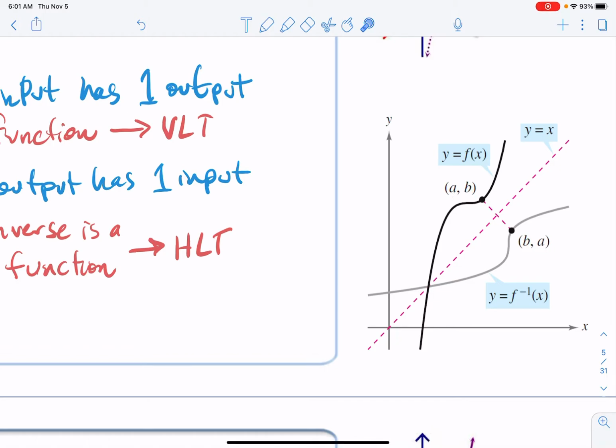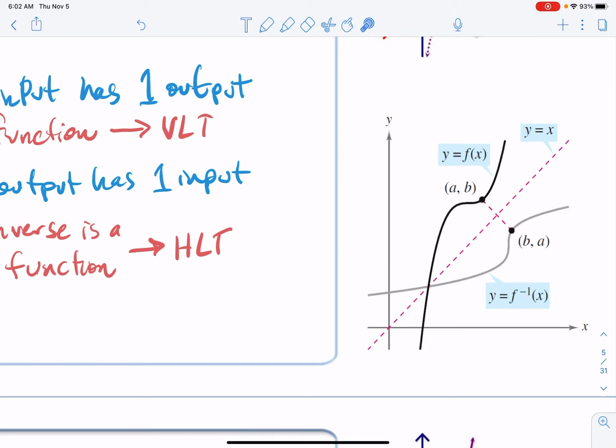Now some things about this. Notice that the original function is continuous. If you just swap your x and y coordinates, assuming this function has a point at every value in its domain, doesn't it make sense that the inverse would be continuous as well? Here's another one.